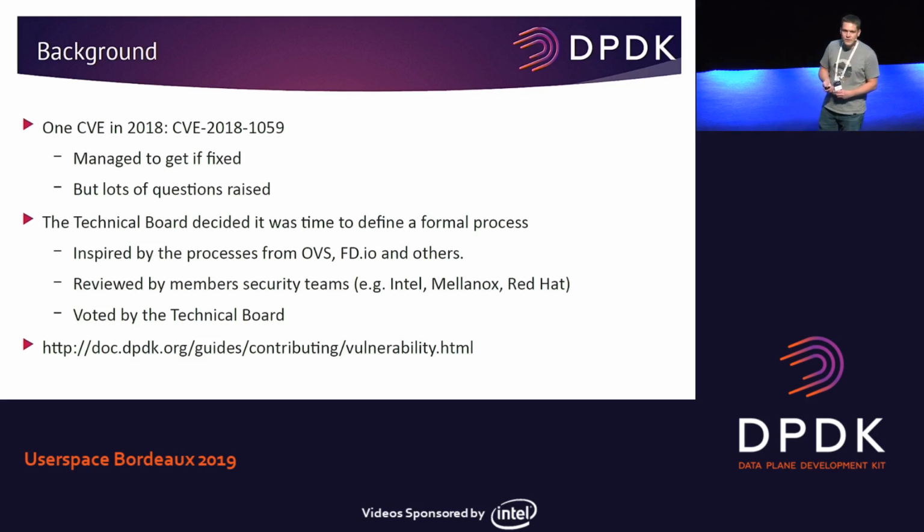When the first draft was ready, we had it reviewed by the security teams of DPDK member companies like Mellanox, Red Hat, or Intel. And finally, we had the process voted by the tech board. The full process is available on dpdk.org. You can have a look.